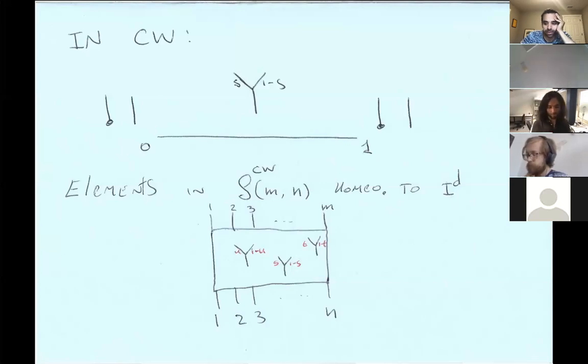And now for cubes, what's the issue, sorry? For cubical sets, I mean. Yeah.